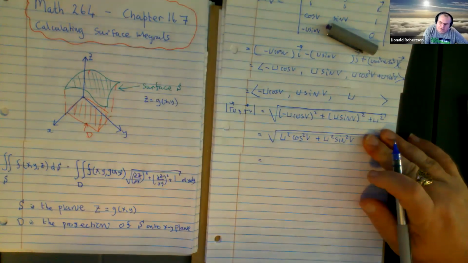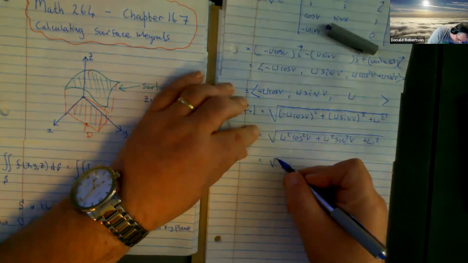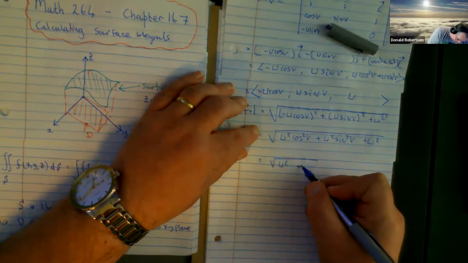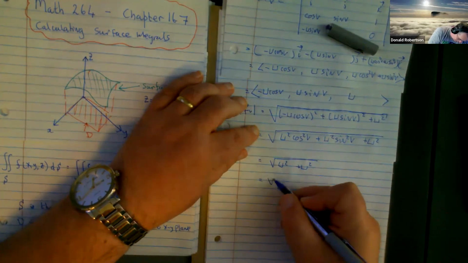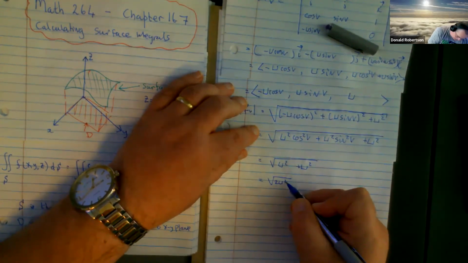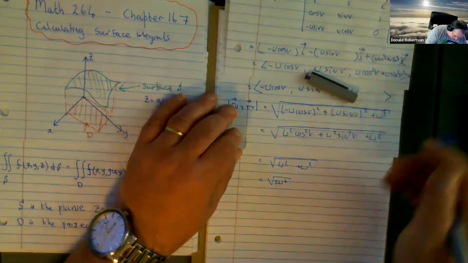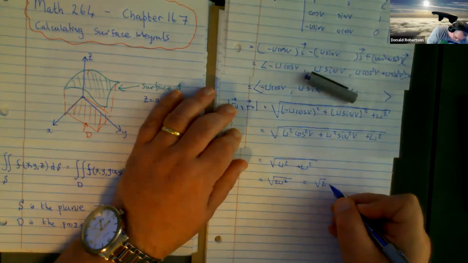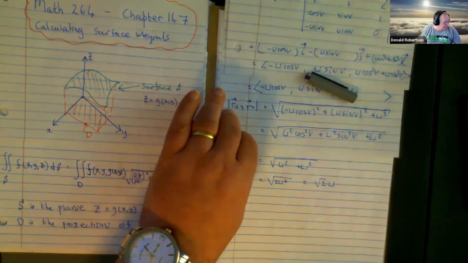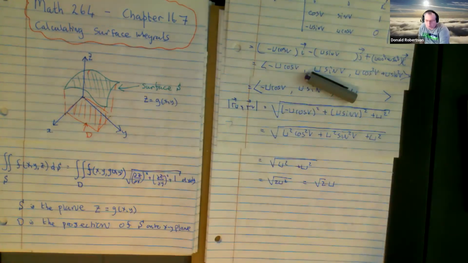Would you agree that the u squared cos squared and u squared sin squared add together and simplify to u squared? And so I now have a u squared plus another u squared, which gets me 2u squared. That can simplify as the square root of 2 times u, as long as you assume u is positive, which we will.